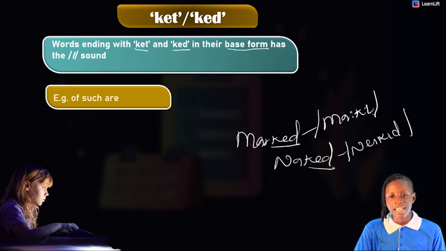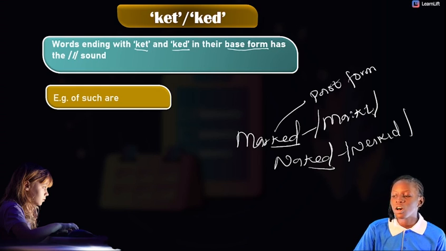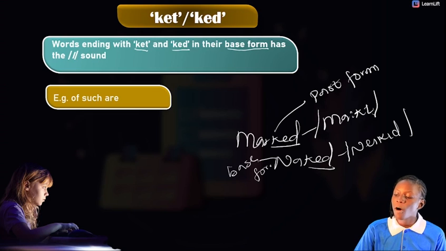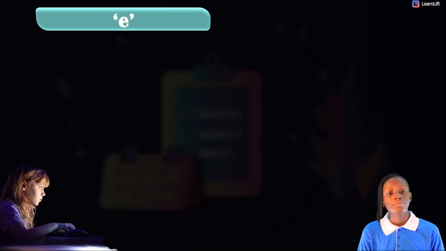Marked ends with KED, but it is in its past form, and because of that, it doesn't have the E sound. But our naked ends with KED in its base form. Therefore, my naked has the E sound.